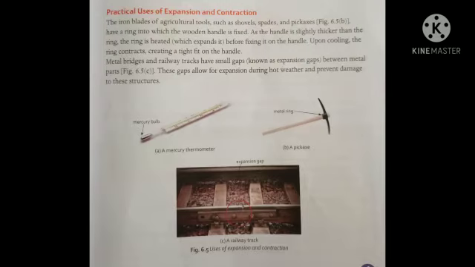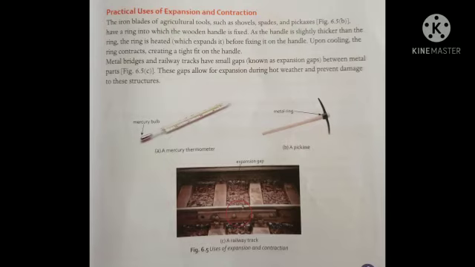The iron blades of agricultural tools such as spade and pickaxe have a ring into which the wooden handle is to be fitted. As the handle is slightly thicker than the ring, the ring is heated, due to which it expands before fixing it on the handle. Upon cooling, the ring contracts, creating a tight fit on the handle.